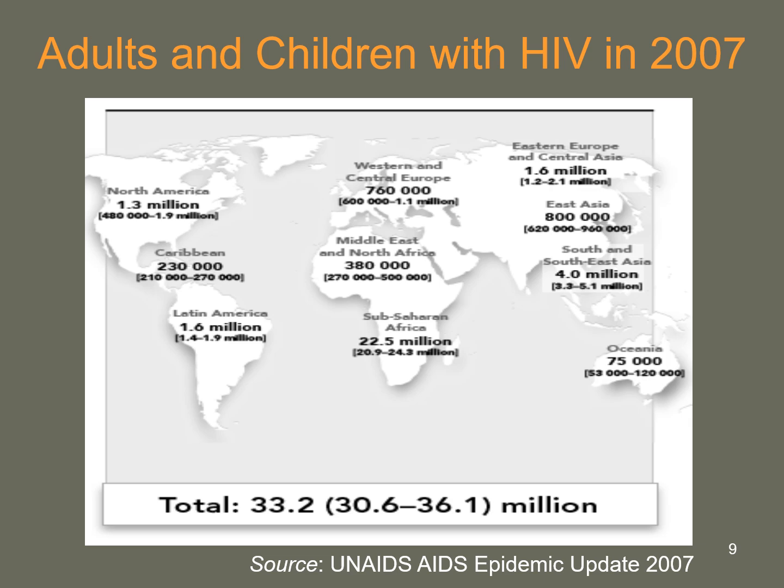Then when you cross into Asia, Eastern Europe and Central Asia recorded 1.6 million. East Asia 800,000, and coming to South and Southeast Asia, we recorded 4 million.